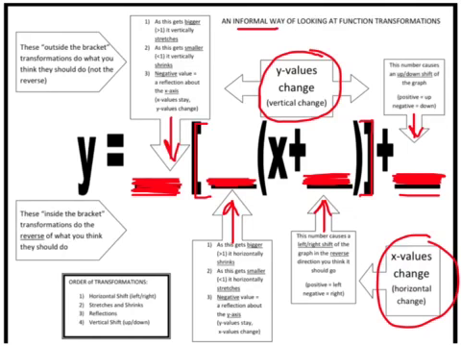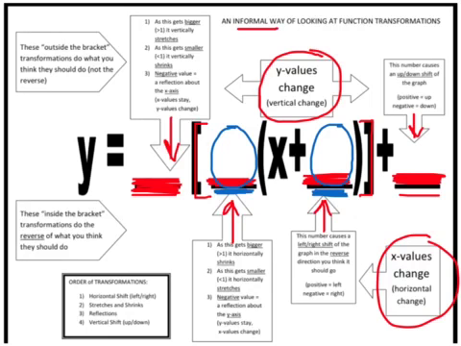Also keep in mind that everything inside the function, both here and here, kind of does the reverse of what you think it should do at face value. So in other words, if there's a number here that is positive, it actually moves left, and if it's negative, it actually moves right. If there's a number here that's something small like a fraction, like 1/3, you would think that would compress it, but it actually horizontally stretches it.